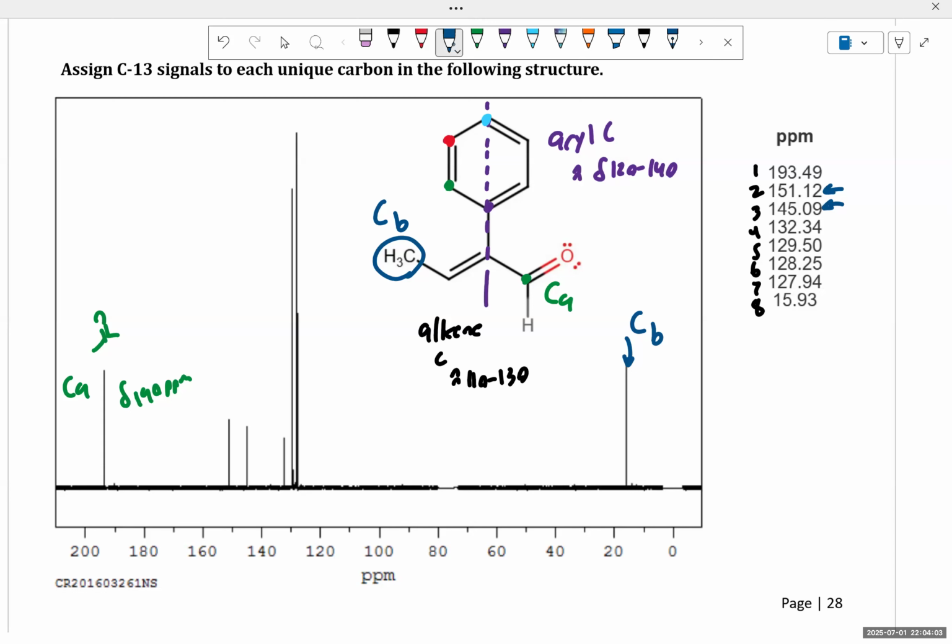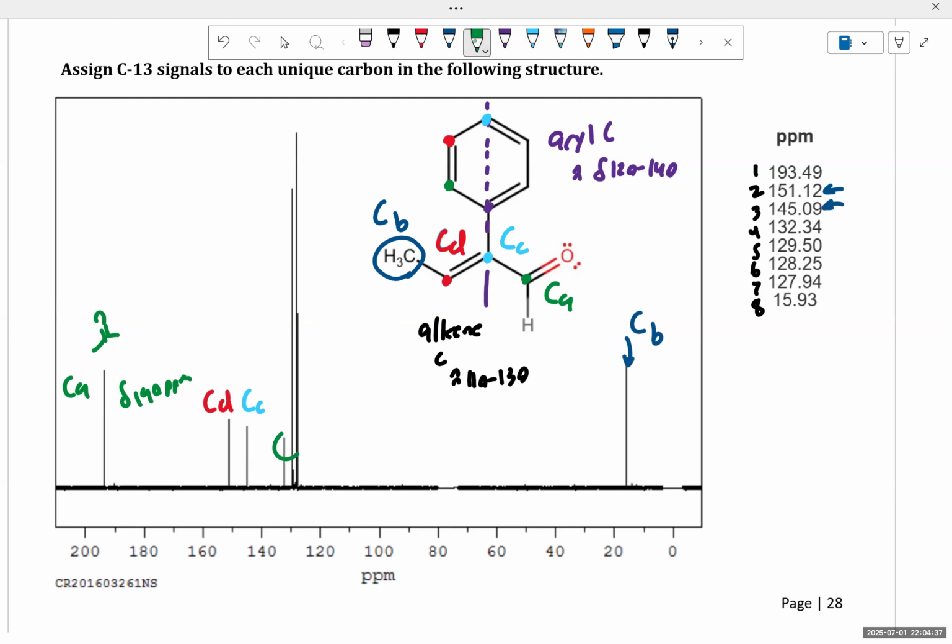I would expect these two signals to match the alkene carbons, which I'll label as carbon C and carbon D. So I expect carbon D and carbon C to be here.